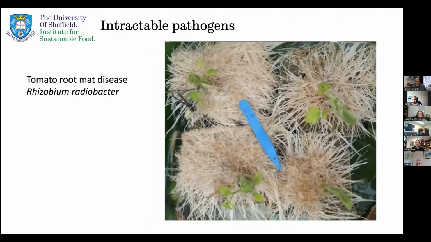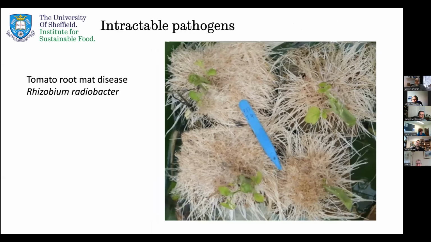So just in the last 3 minutes of my talk, I'm going to talk about the pathogen that we work on. It's called tomato root mat disease, or Rhizobium radiobacter, and it causes these absolutely ridiculous protrusions, proliferations of roots in their host plants, which are tomatoes.